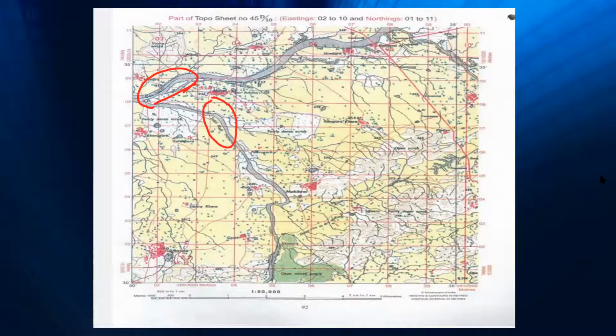Very good. So you have to zoom and see, children. I'll circle it for you. You can see there's a spot height over here with 254. I have circled it for you, 254. Further down when you come, it is 249.